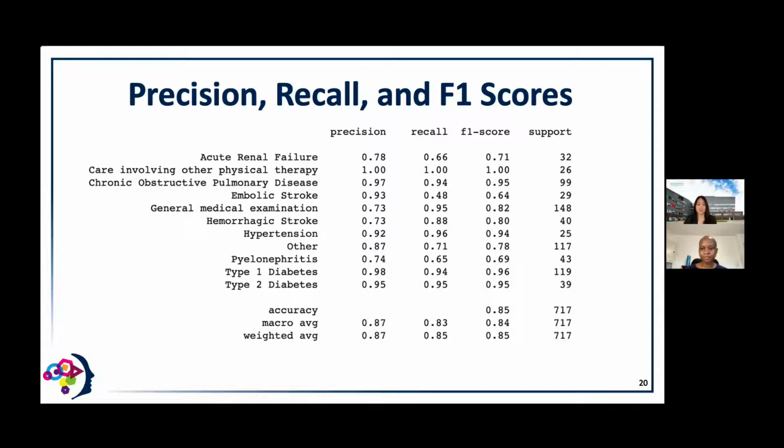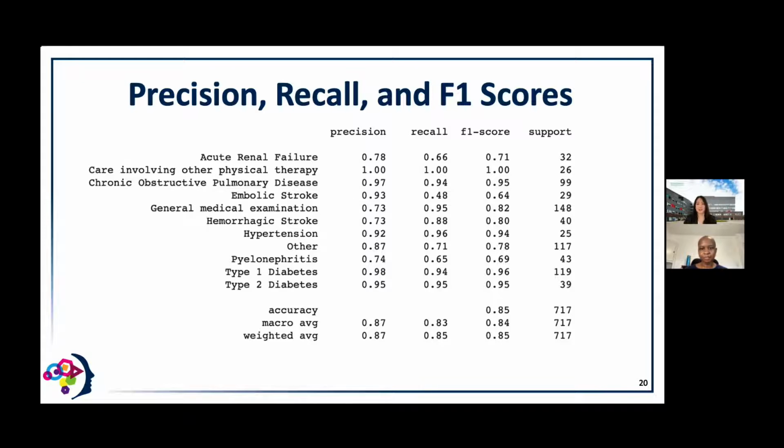So from a clinical perspective, what's the risk in an application if it's unable to predict certain diagnoses very well, and how well do you trust it if it's not able to correctly predict a lot of these diagnoses? So precision, recall, and F1 scores are a really good way to evaluate these types of classification models.